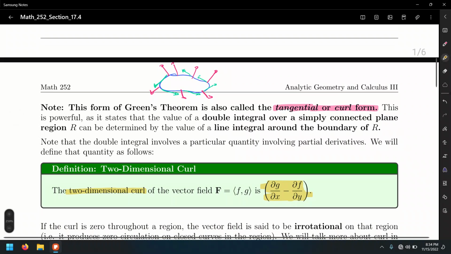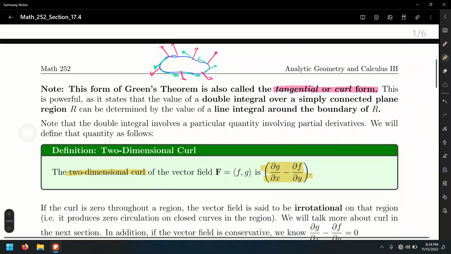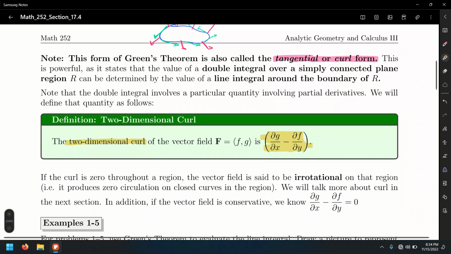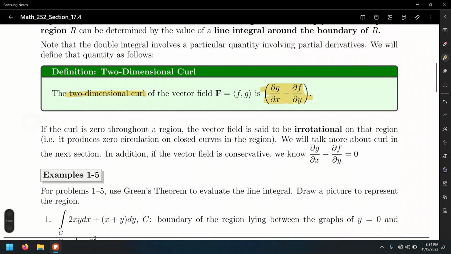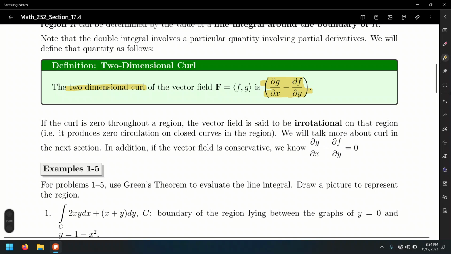And in the next section, which is 17.5, we're going to look at these properties of curl and divergence, and we're going to look at their versions in 3 dimensions. All right, so we're going to go back to a lot of partial derivatives, and then we will finish the course looking at the last 2 integral theorems.